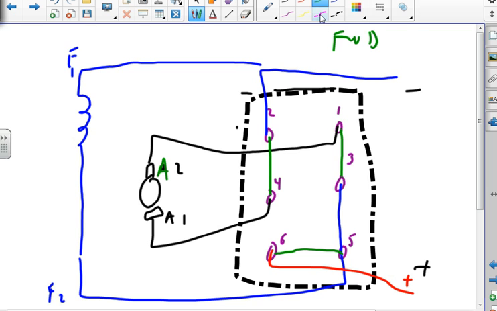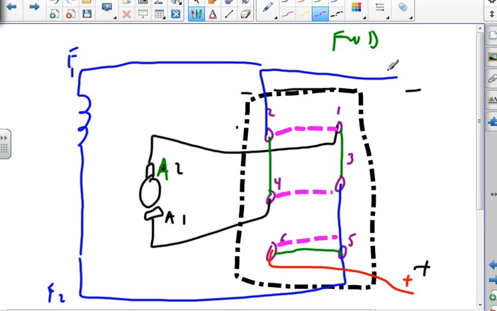Now I put it in reverse. I'm gonna be connected that way, that way, that way. Alright. And that's what it says. That way, that way, that way. Now, that reverse, that means F1 and A2 should be connected.